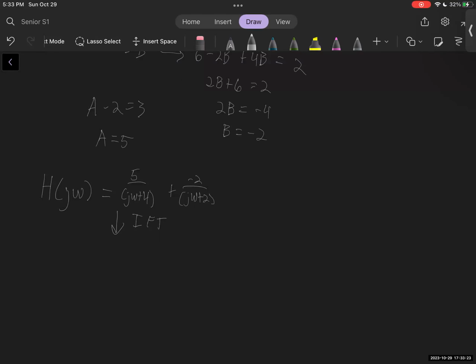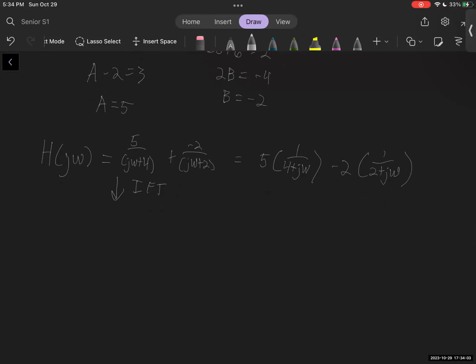So let's rewrite this out as 5 times 1 over 4 plus j omega, sorry, minus 2 times 1 over 2 plus j omega. And now for 1 over 4 plus j omega and 1 over 2 plus j omega, that's going to turn into e to the minus at u of t in the time domain. And then we just carry through our coefficients.